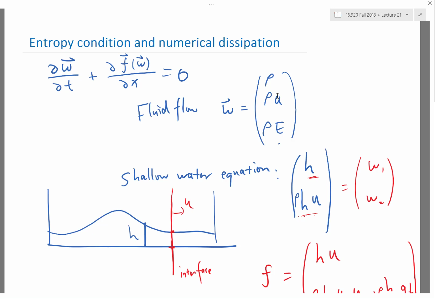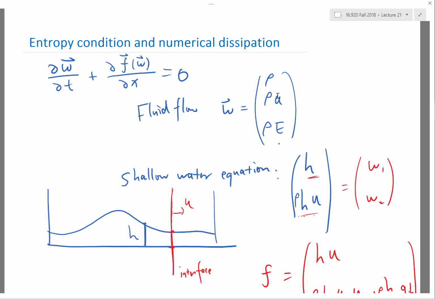And you also have a rarefaction wave. Basically, you also have a wave that starts as a discontinuity and slowly becomes another discontinuity that travels yet in another direction. So the analytical solution is remarkably difficult to find.